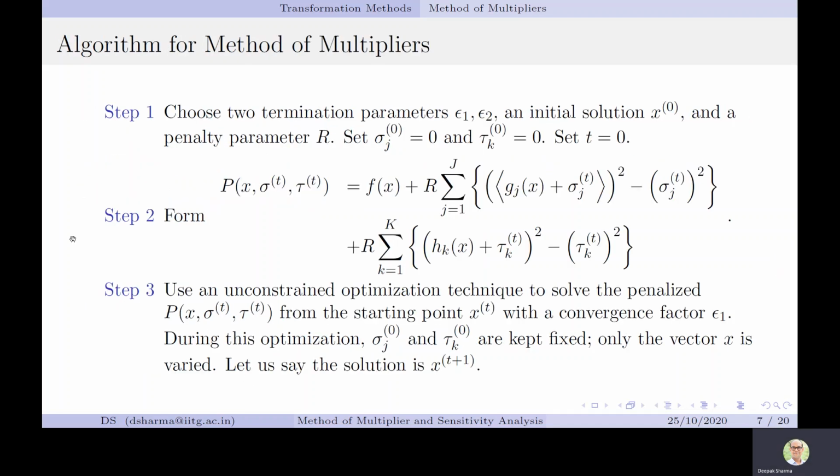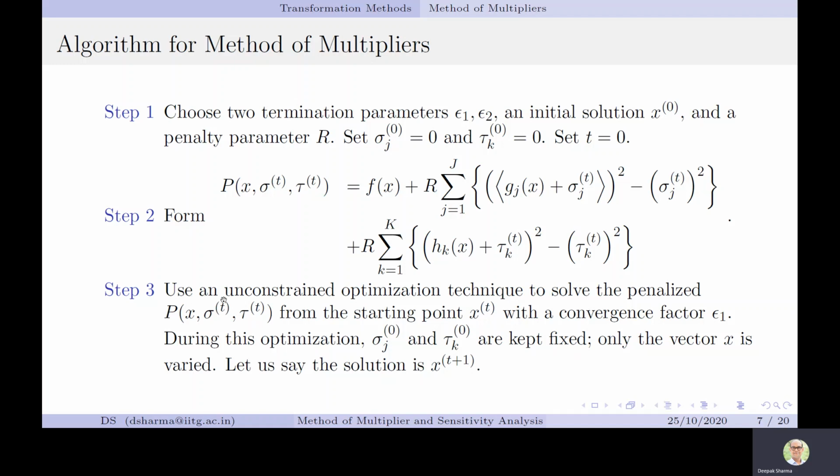The algorithm for method of multiplier works in a way that in step 1, we have two tolerances, epsilon 1 and epsilon 2. We start with some initial guess. There is a penalty parameter R, which is constant, and sigma j and tau k are all 0. And we set the iteration counter t equal to 0. Then we make the penalized function, which we have understood from the method of multiplier.